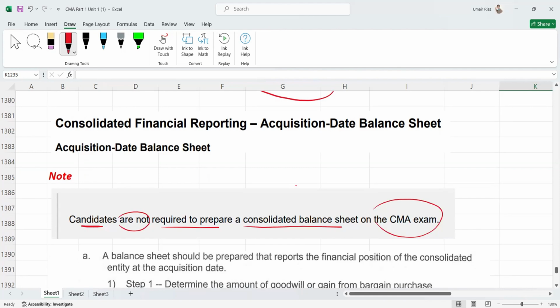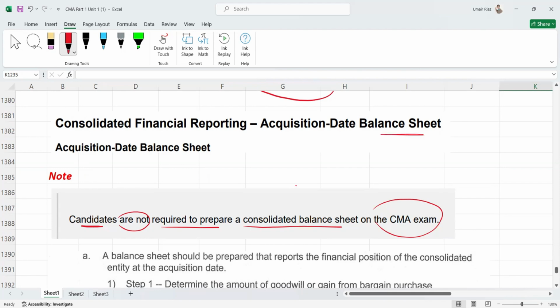But what is required for you? General understanding of consolidation is required. Maybe theoretical things only. But I'll try to show you a few calculations, whatever I can. As I told you, CMA students are not required to produce any consolidated balance sheet or consolidated income statement.